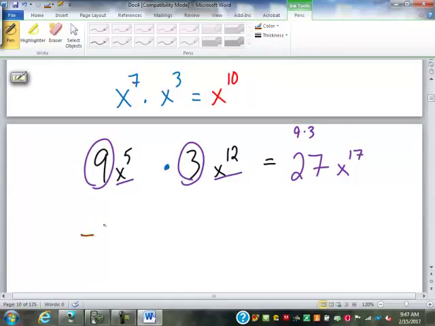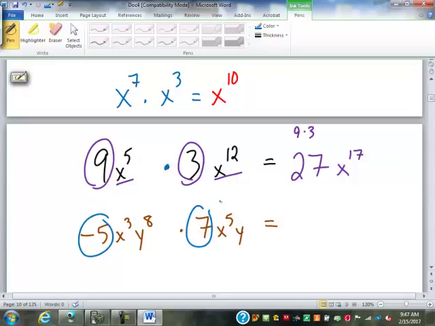So I might have negative 5, x to the 3rd, y to the 8th, times 7 x to the 5th y. So I'm going to combine the counts. Negative 5 times 7 makes negative 35.